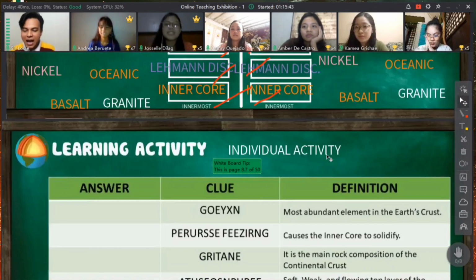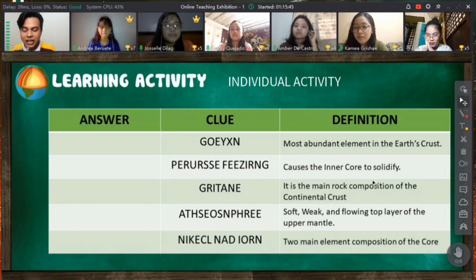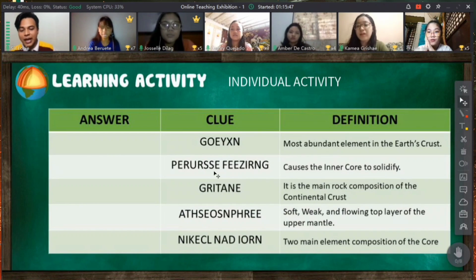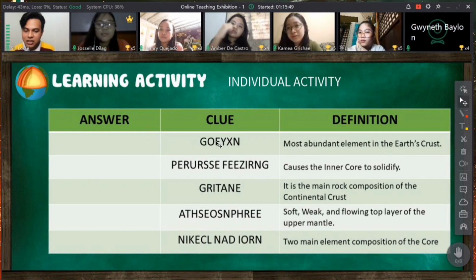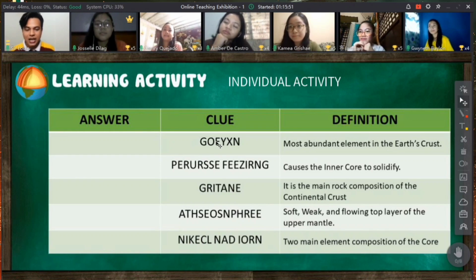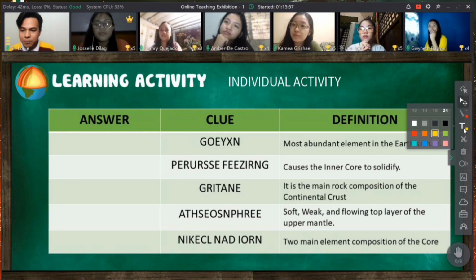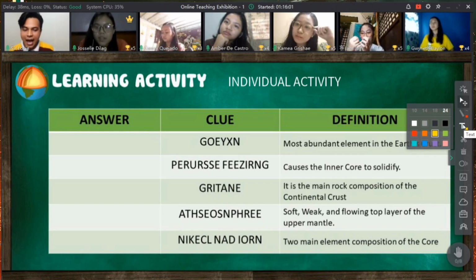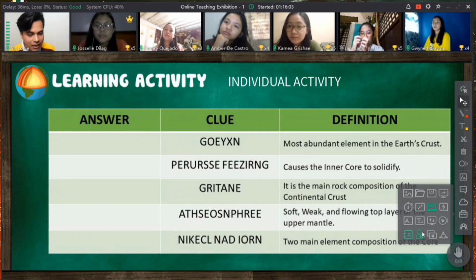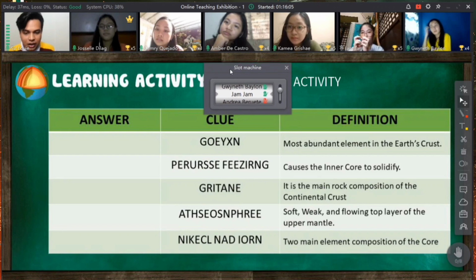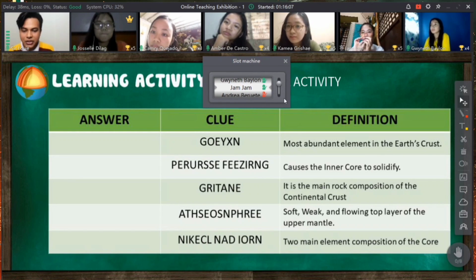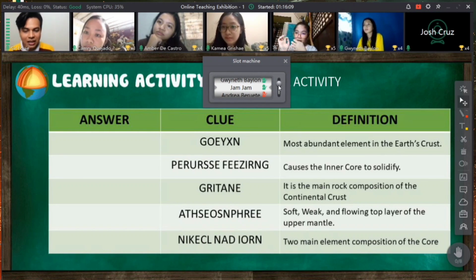Next, we have another individual activity. We have here jumbled letters of the correct answer and their definition. As I call your name, I want you to type the correct answer using the text tool. Let us call someone to answer using this slot machine.